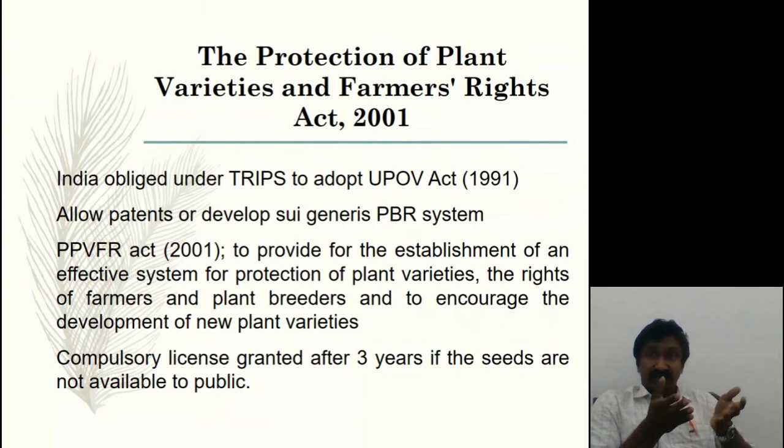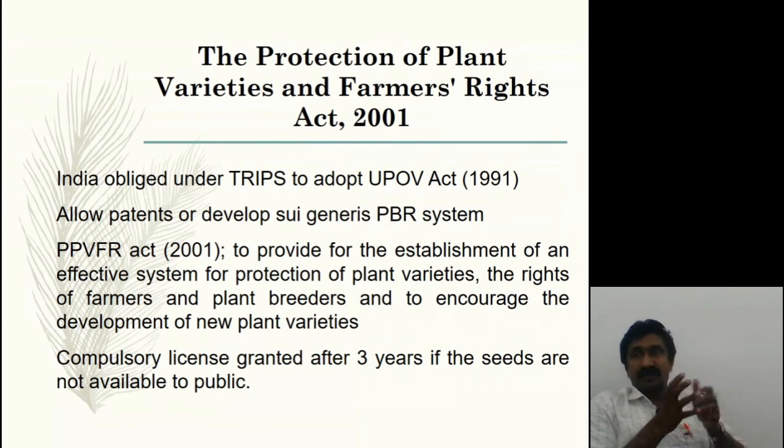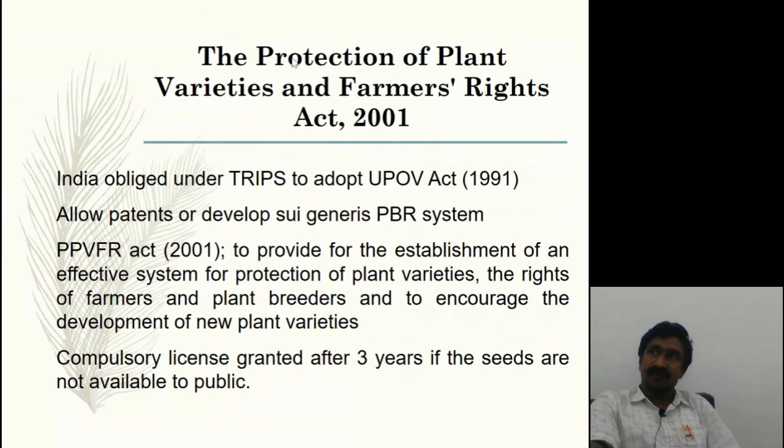Even after obtaining PBR, plant breeders' rights protection, if after 3 years he is not marketing it or making it available to farmers for cultivation, then compulsory licenses can be granted and the protection under PBR will not be available to the developer of that variety or plant breeder. So that's about the Plant Breeders' Rights Act of 2001.